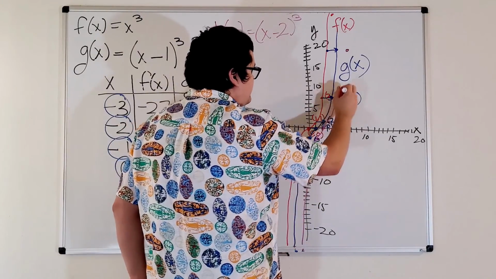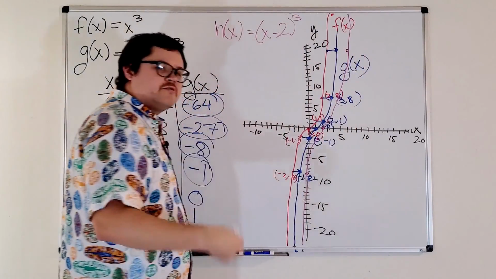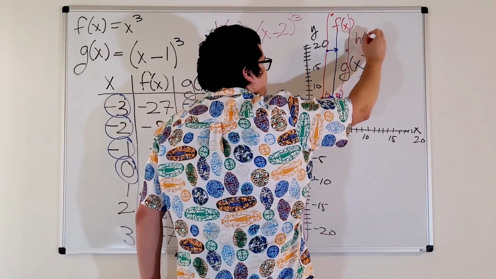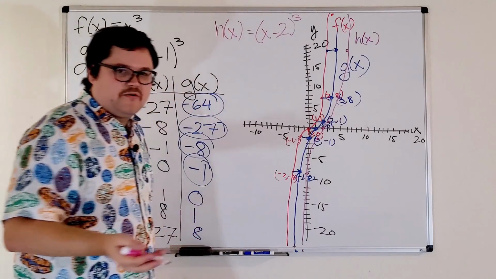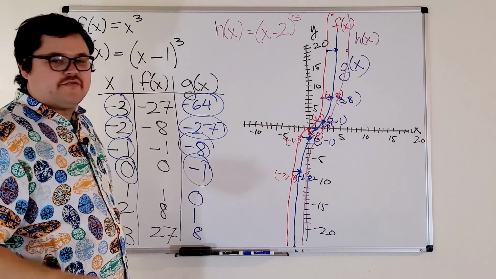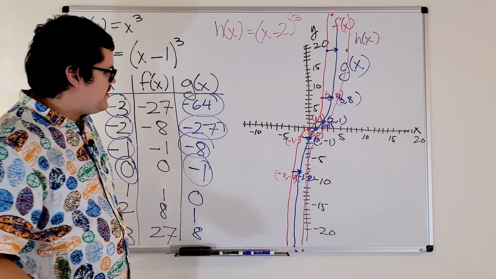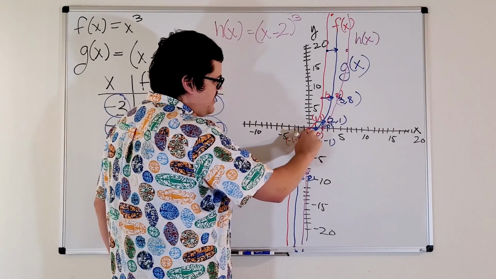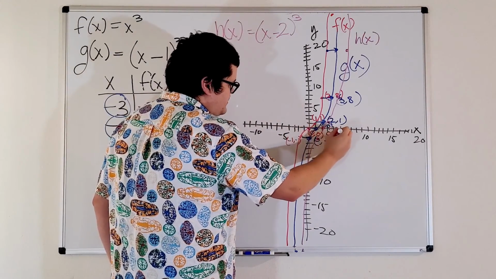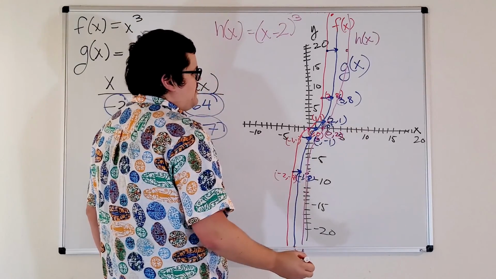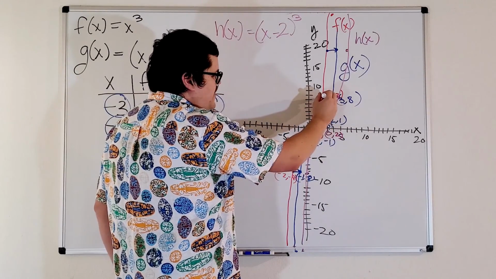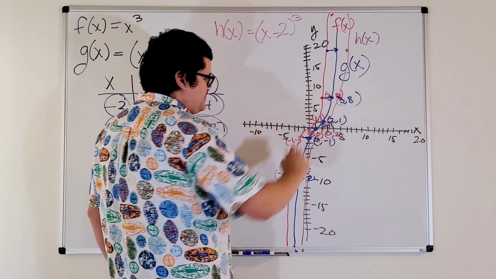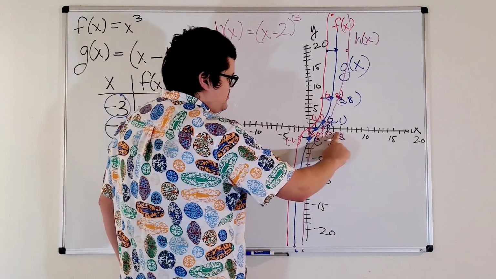And then we'd connect the dots. So that would be the graph of h of x. And if we wanted specific points on it, we would just have to move the corresponding point right by 2. So for instance, 0, 0 was on the parent function. If I move that right by 2, I get 2, 0.